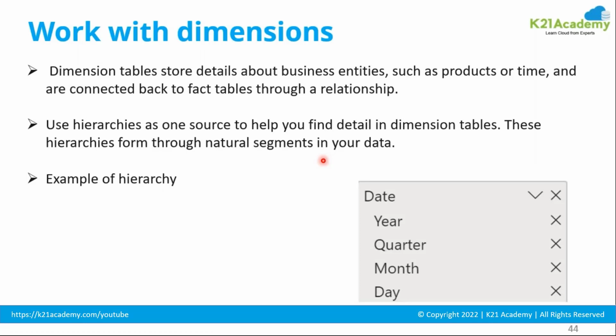Now in this data model, we may work with different types of dimensions. We have the dimension tables, which store details about business entities like products or time and are connected back to the fact tables through a relationship. So the relationship always plays a very important role because we have two types of factors used: the facts and dimension relationship, where facts are those columns which consist of the numeric details.